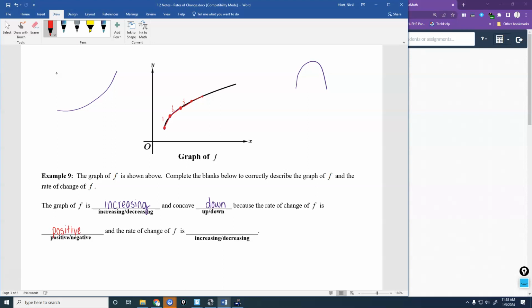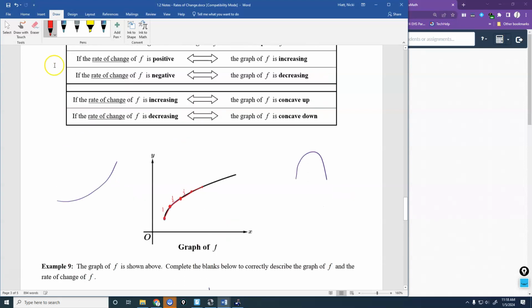Okay, so if the rate of change is positive, the graph is increasing. Or if the graph is increasing, the rate of change is positive, depending on what they've given you. But that rate of change is positive, but are your values increasing or decreasing? Decreasing. So these don't match up with the little thing at the bottom.